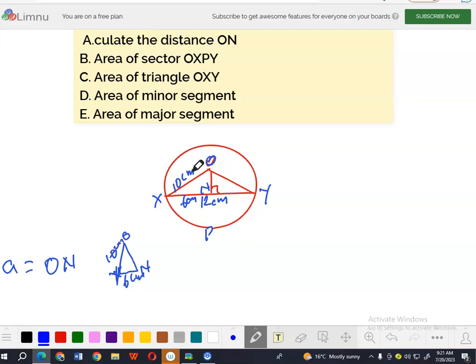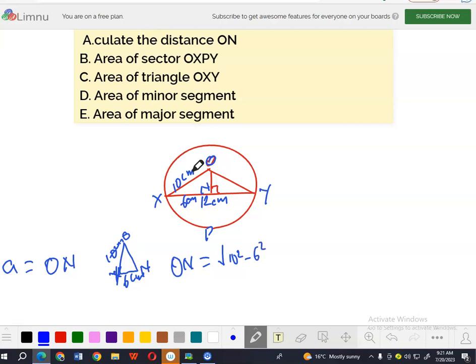So now you go ahead using the Pythagoras theorem. We know that a squared plus b squared is equal to c squared. So what is our ON? Our ON in this case is going to be the square root of 10 squared minus 6 squared.